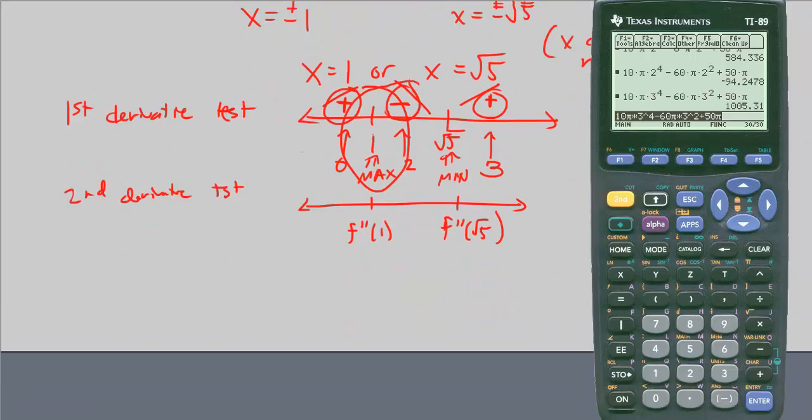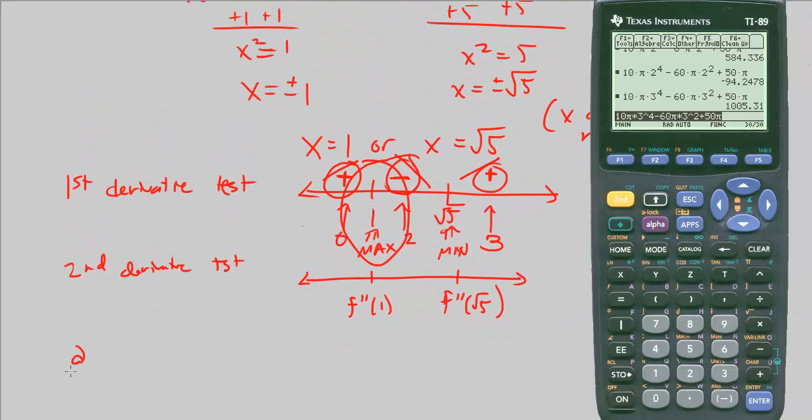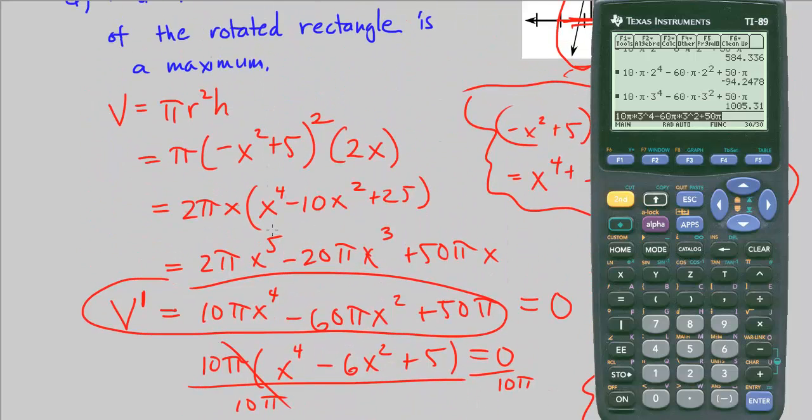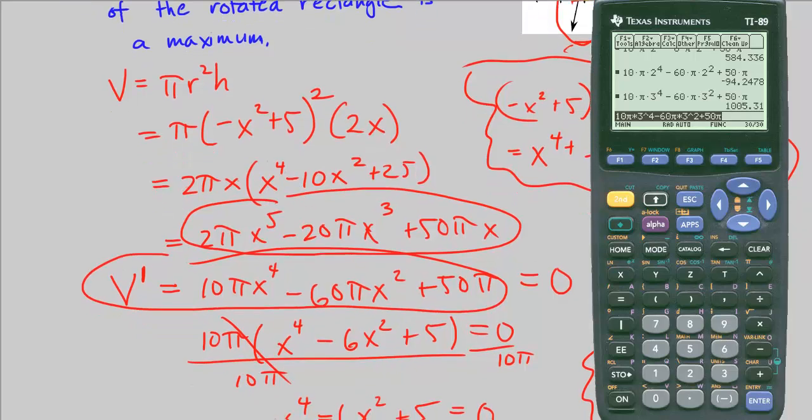So at x equals 1, the volume at 1 is equal to, let's look at the volume function, which is 2 pi x to the 5th minus 20 pi x cubed plus 50 pi x.